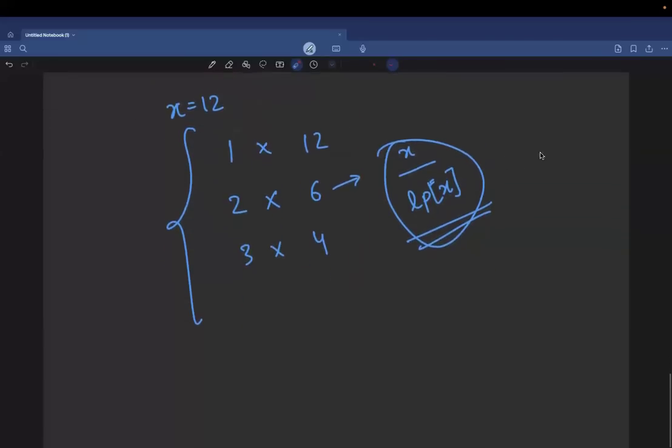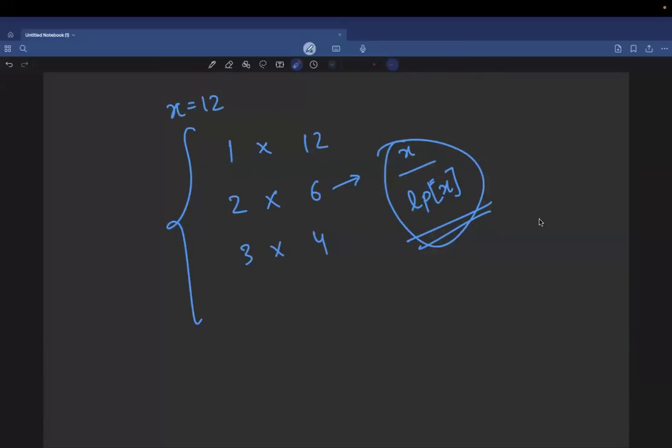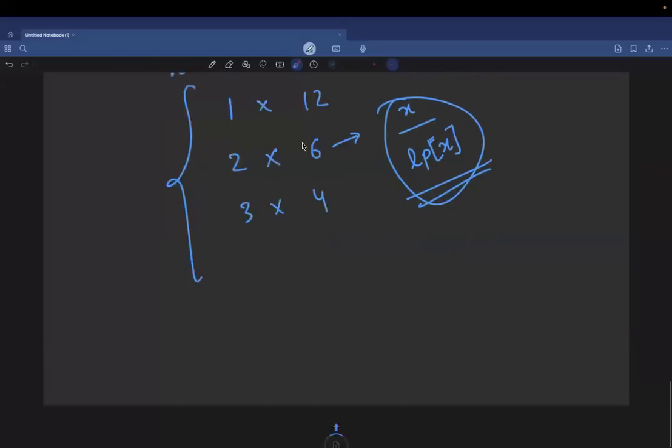So if anybody has any problem till this point, please mention it. Otherwise, I think we can move on. Okay, great. If nobody has any problem, I hope you got the point.